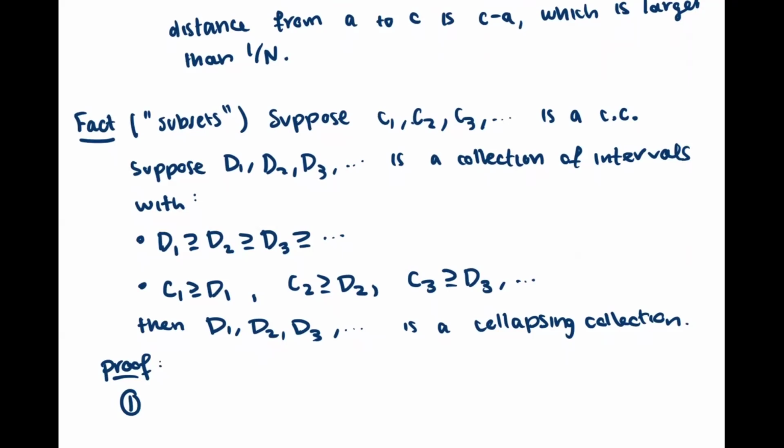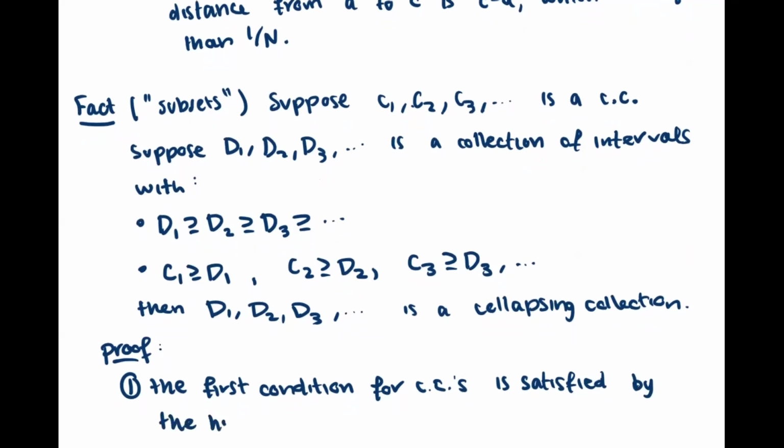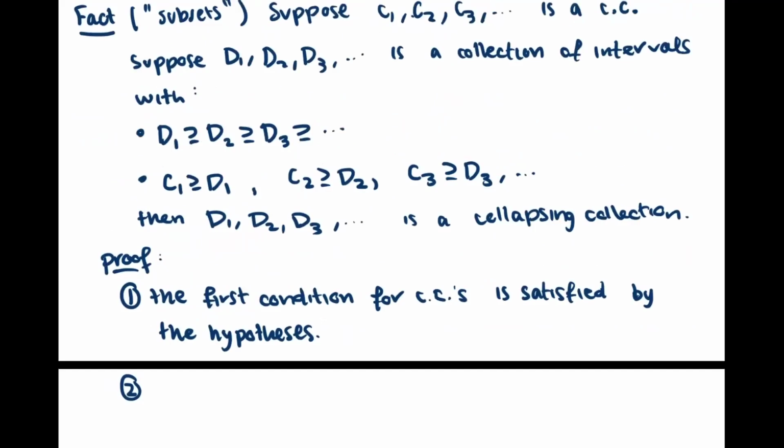So the first condition for collapsing collections is satisfied by the hypotheses on D. This is a hypothesis that we assumed about our collection of intervals D. Why is the second thing satisfied?